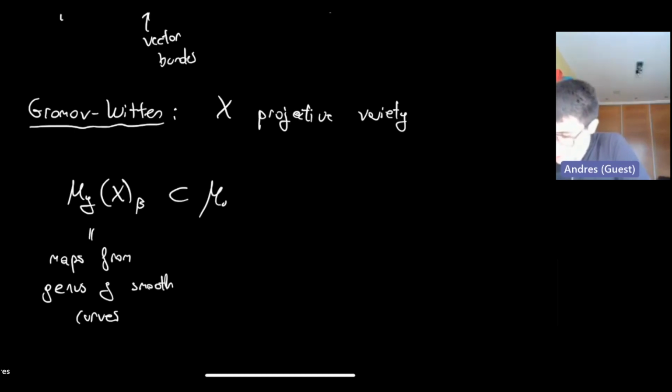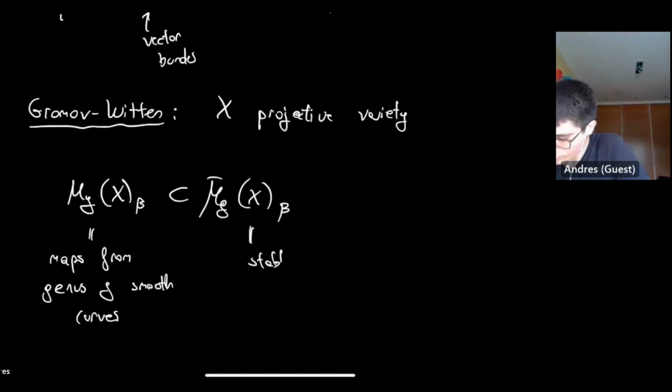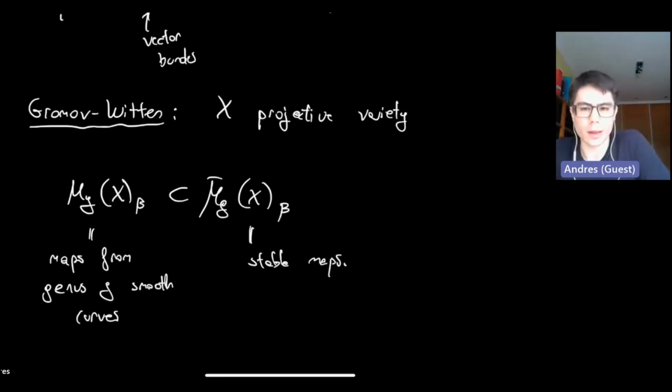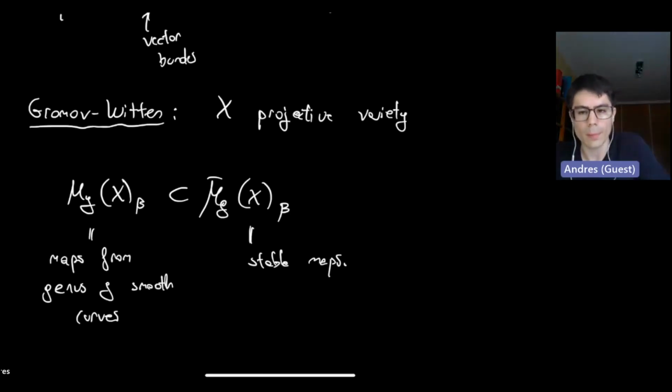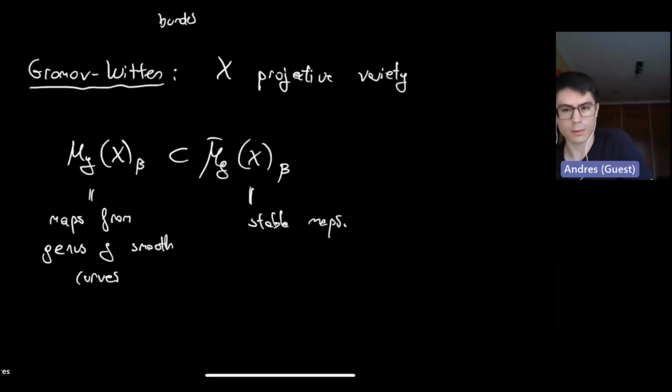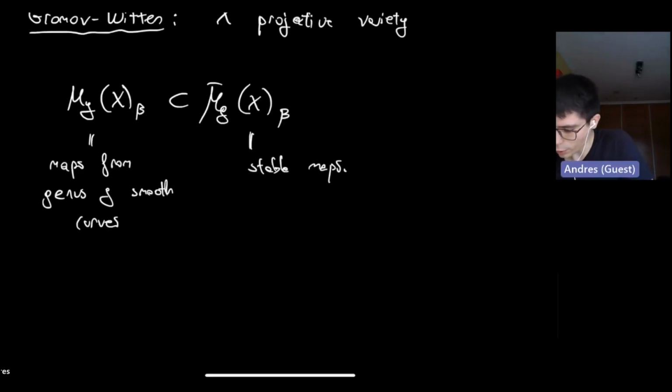And then this can be compactified into the so-called moduli of stable maps. And again, you can play the same game, trying to compute volumes of forms on this compactification, or trying to compute indices of K-theory classes. And this is in some sense a virtual count of how many curves there are in this projective variety.